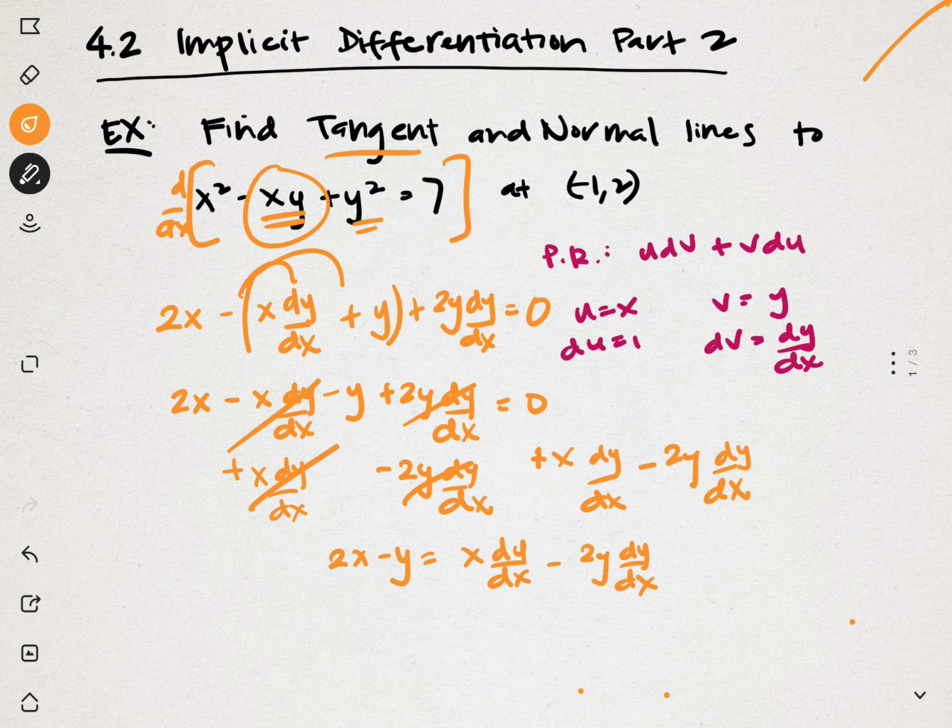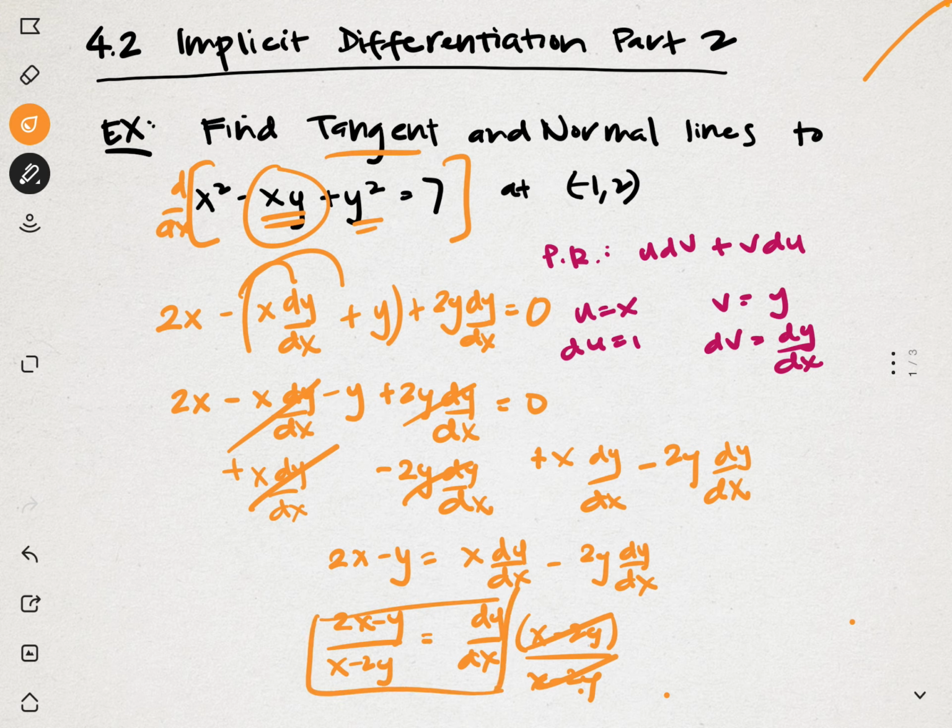Alright, so we're going to factor our dy dx out. And then we just got to divide by x minus 2y. Those will cancel, so this is what our derivative with respect to x looks like.